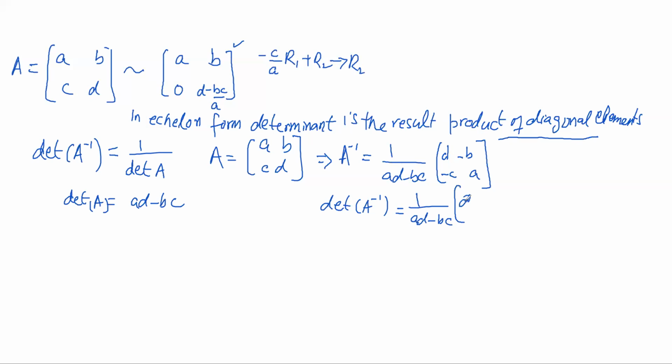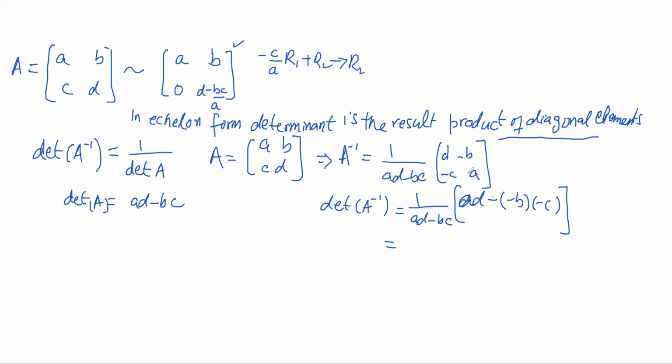AD minus BC, with B into minus C. A and D change places, and B and C change the sign.